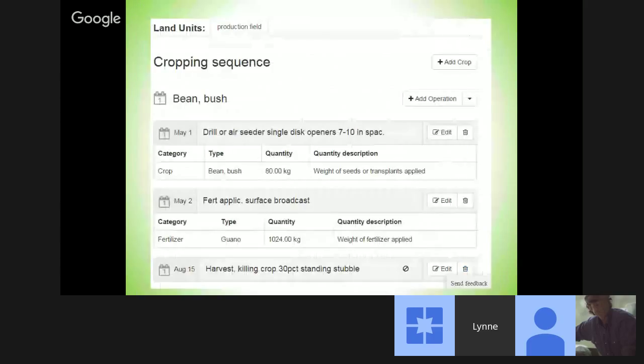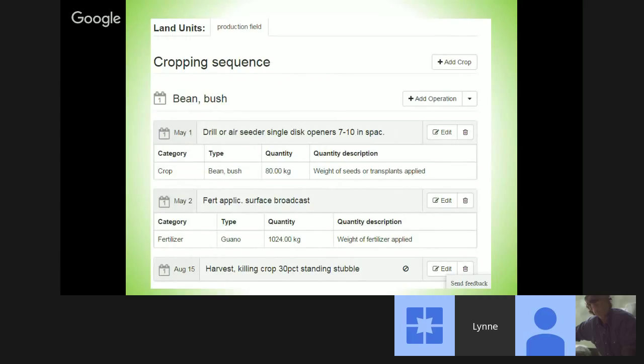And then you put in information about your crops, including every operation and the date that you do it. So this is the part of the tool that is then modeled for crop and soil dynamics. And you can also play with these different scenarios.